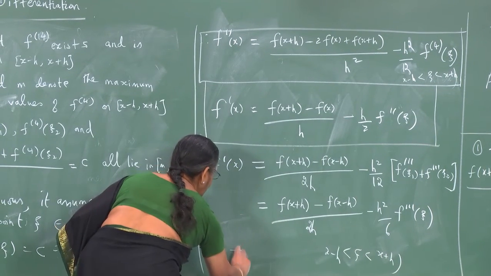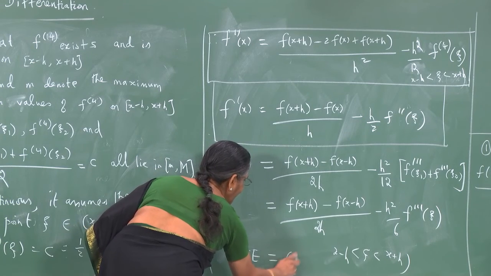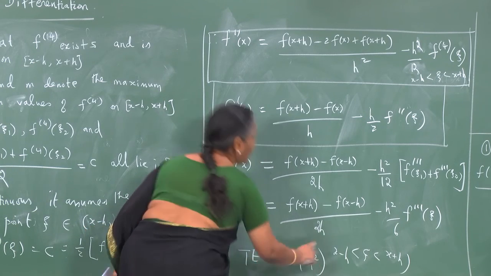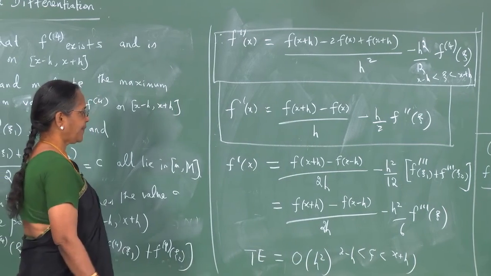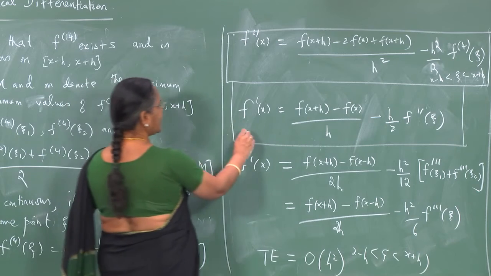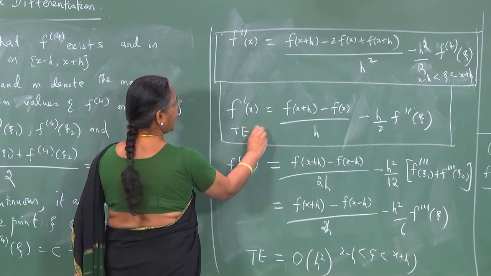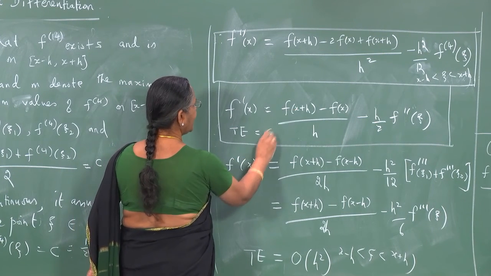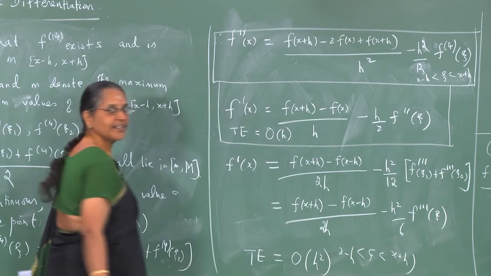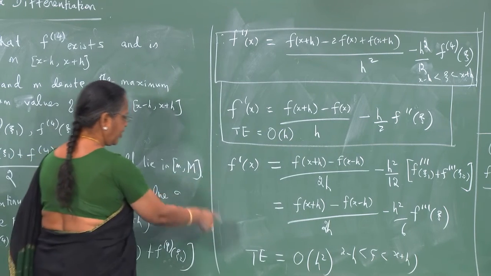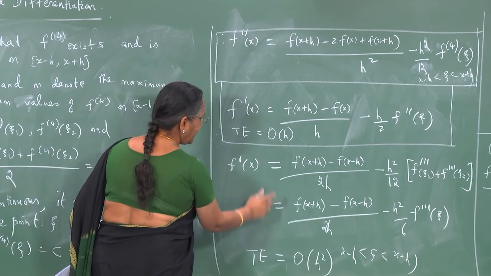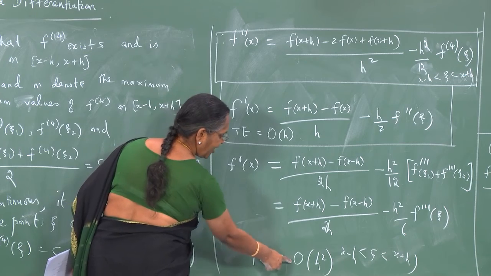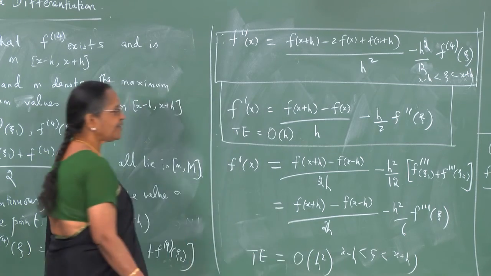So that the truncation error in this case is of order of h square. And you observe that while the truncation error in this method is of order of h, in this method you are able to get the truncation error to be of order of h square.